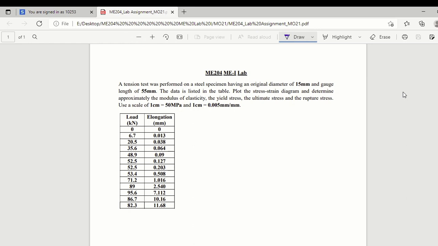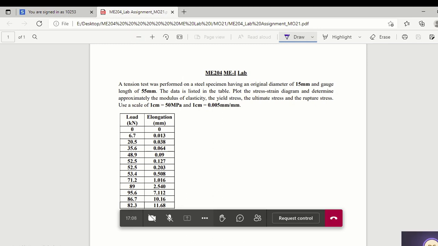Yes, sir. That means, just a minute. That means what? 1 centimeter. You have graph paper, no?